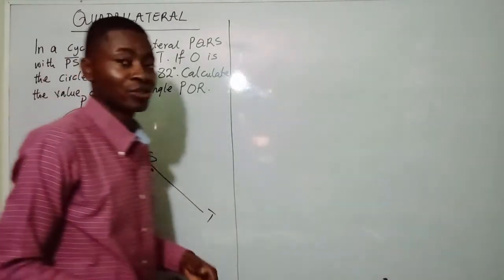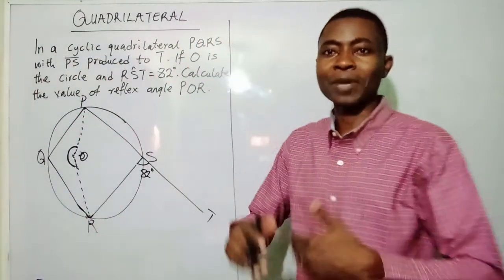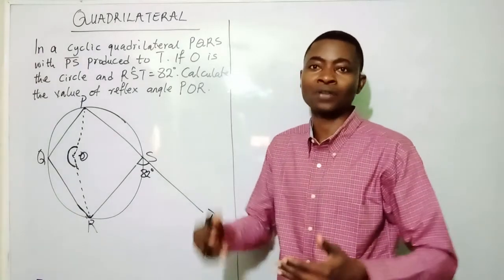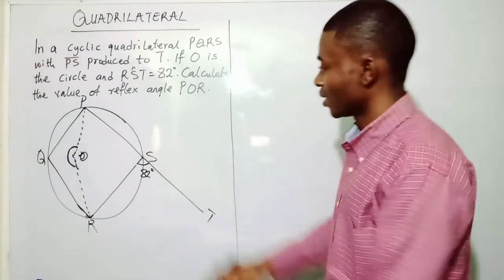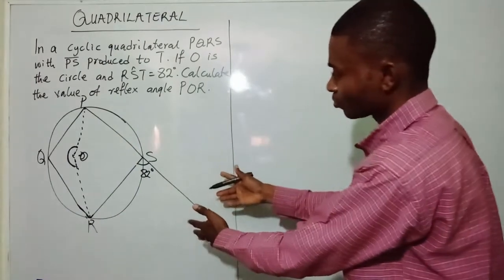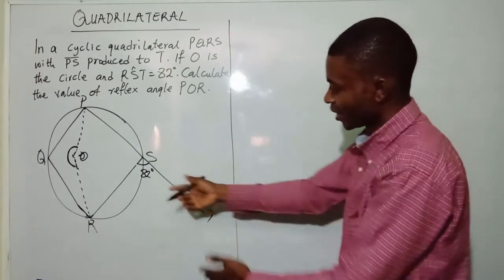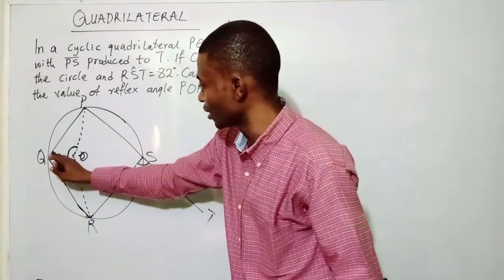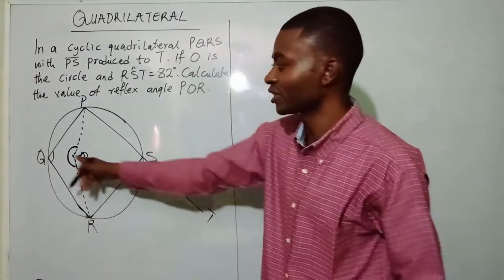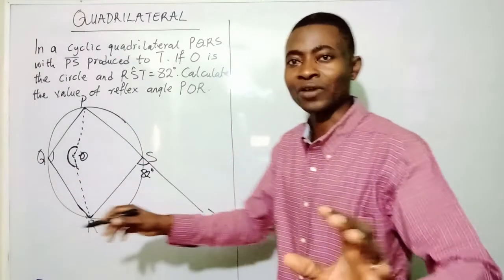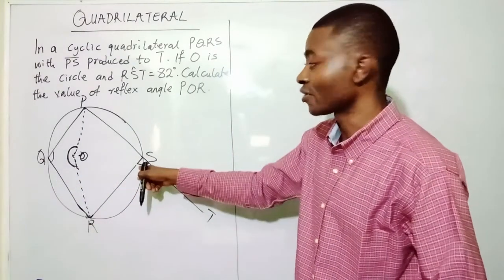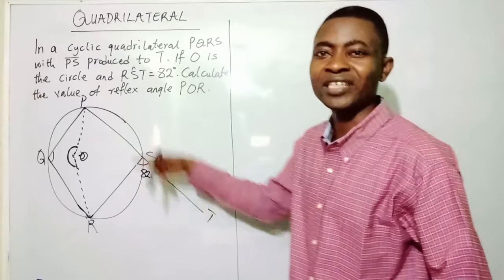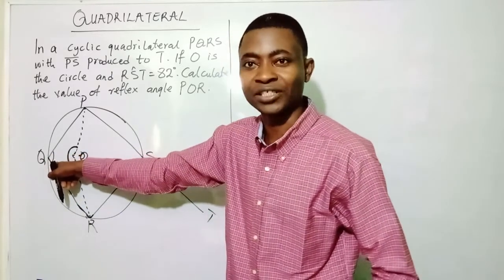Now, how do we do this? It's very simple. We're going to apply some of the theorems that we talked about under cyclic quadrilateral. Looking at this shape very well, we can see that this is an exterior angle of this cyclic quadrilateral, and this Q here is the opposite interior angle. We have a theorem that says the exterior angle of a cyclic quadrilateral is equal to its opposite interior angle.